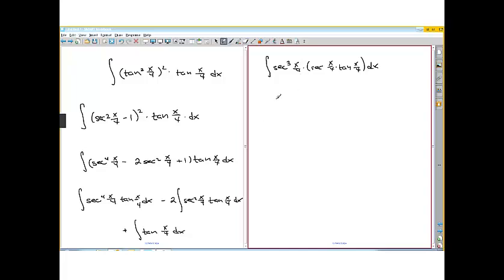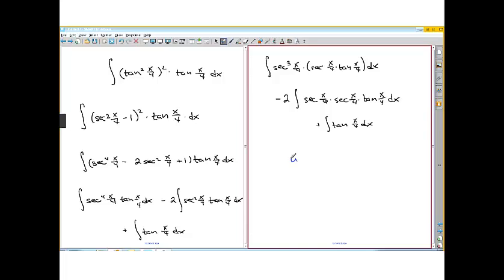So that's the first term. The second term, I would do the same thing. We have negative 2 integral of the secant of x over 4 times the secant of x over 4 times the tangent of x over 4 dx. And then the final one, of course, is just the integral of the tangent of x over 4 dx.